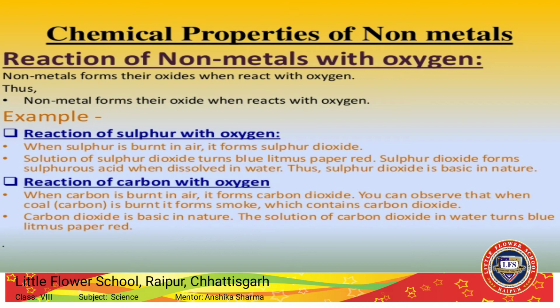You can observe that when coal, meaning carbon, is burned, it forms smoke which contains carbon dioxide. Carbon dioxide is acidic in nature. The solution of carbon dioxide in water turns blue litmus paper red.